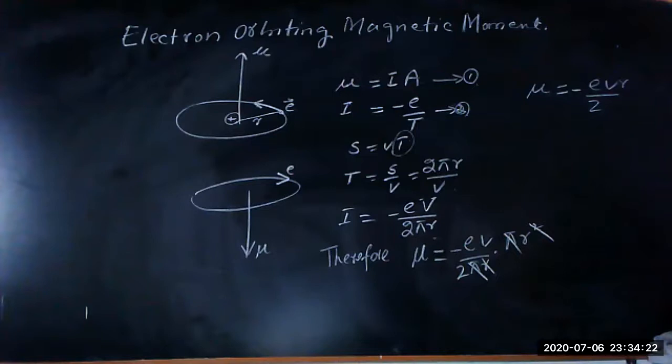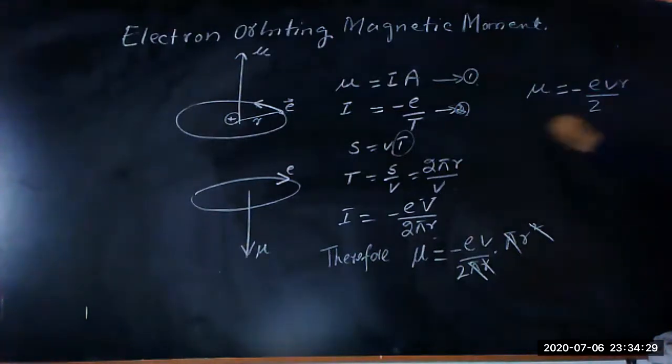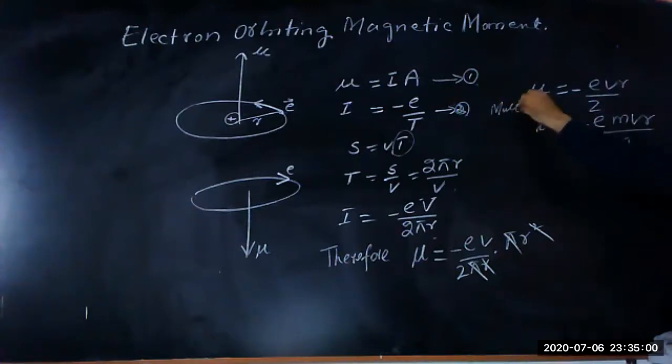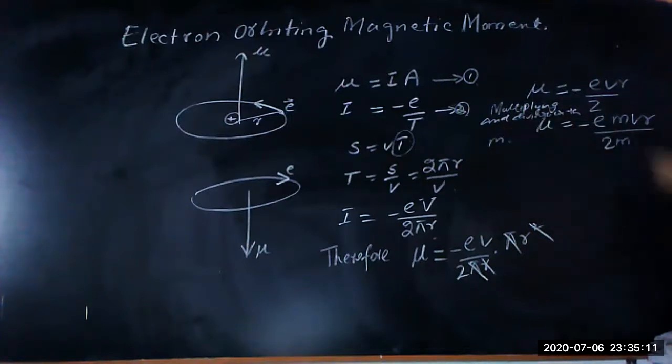Now if we multiply and divide by m, you will get mu is equal to minus E m V r over 2m.